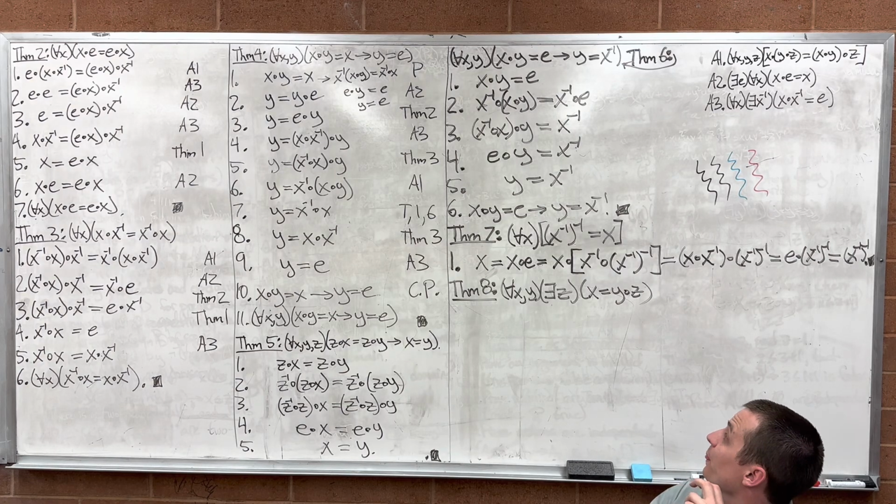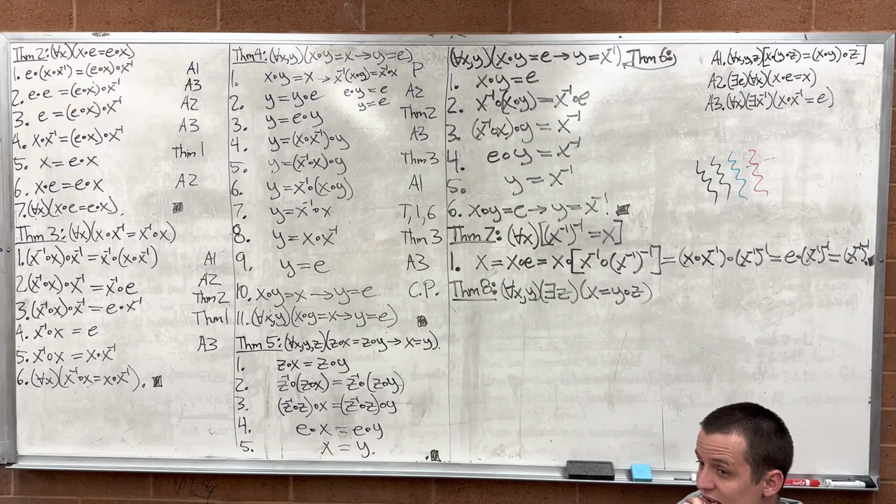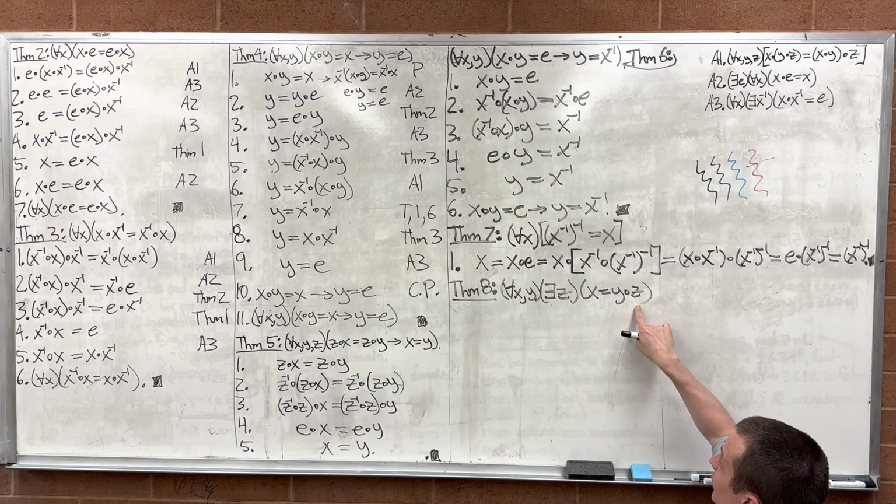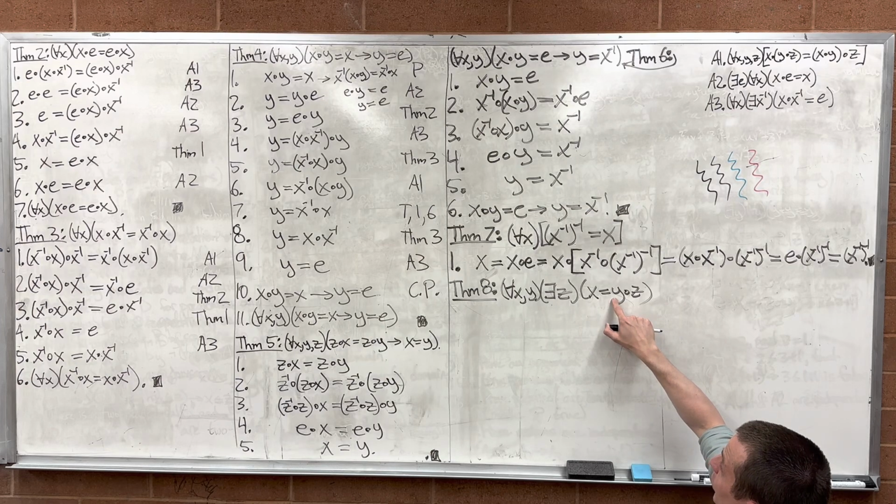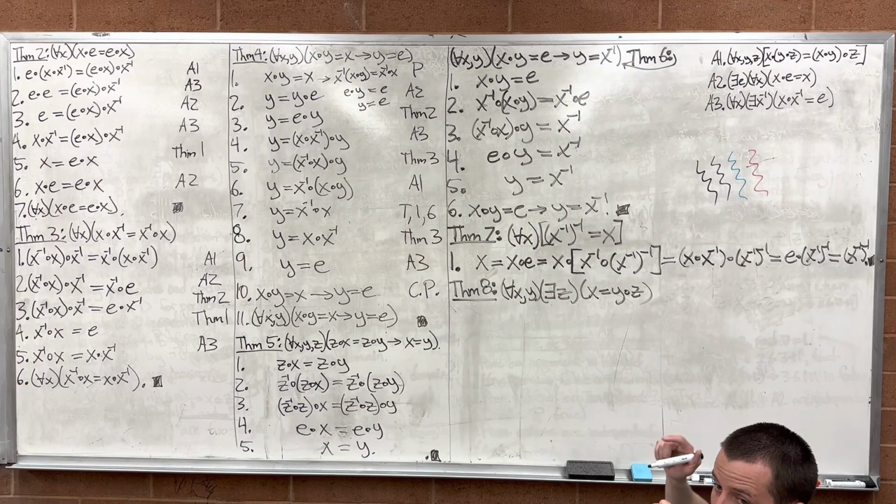All right. How should we start this one? We need to show that for any x and y, we can find some z such that when we compose y with that z, we get x.